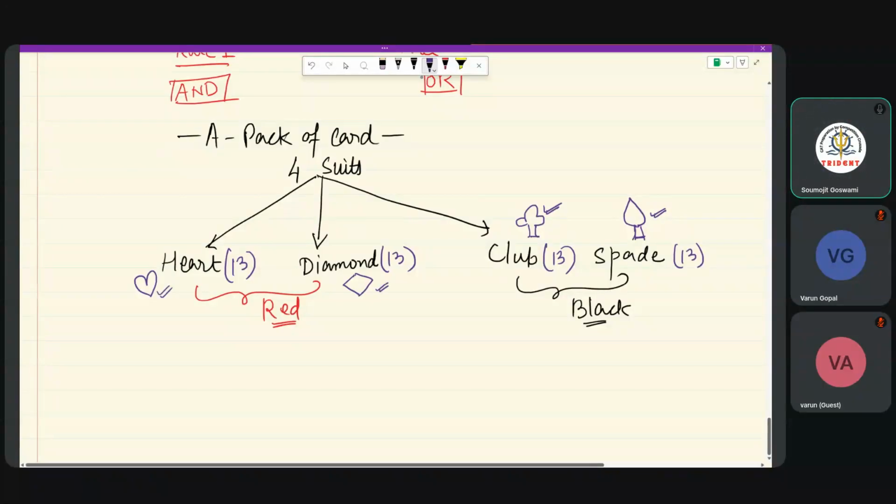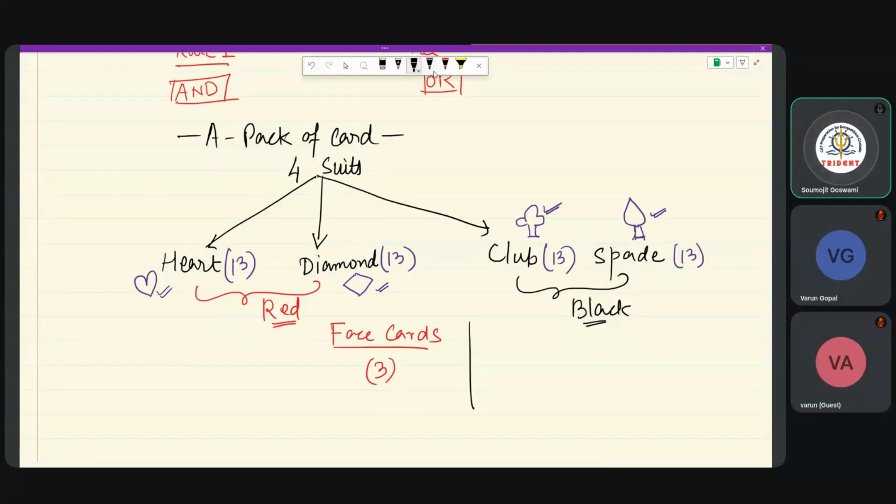Also, in these suits of heart, diamond, club and spade, you have something called face cards. The face cards could be of heart, diamond, club, spade, whichever. But these are face cards, and there are three face cards.